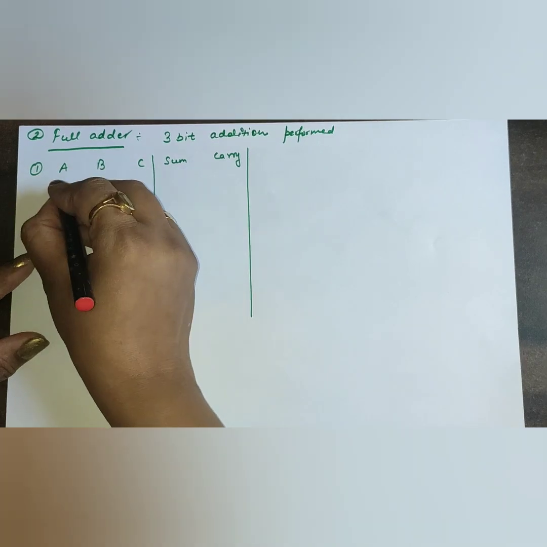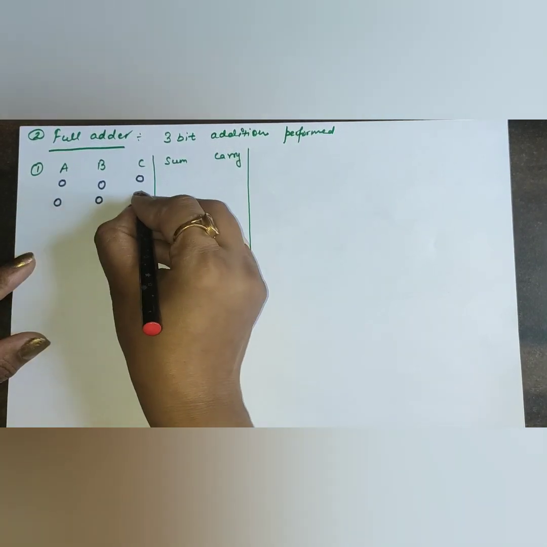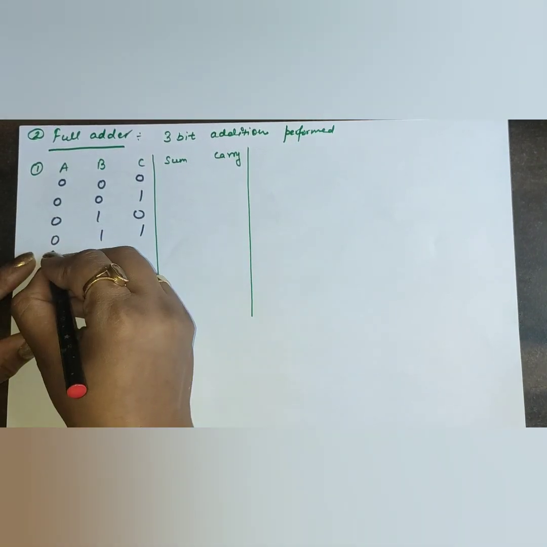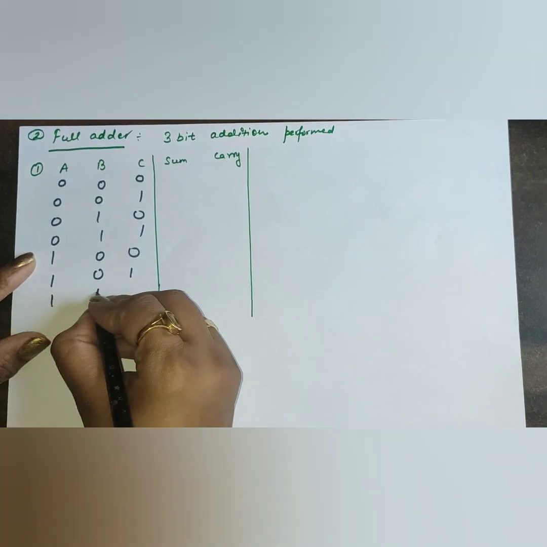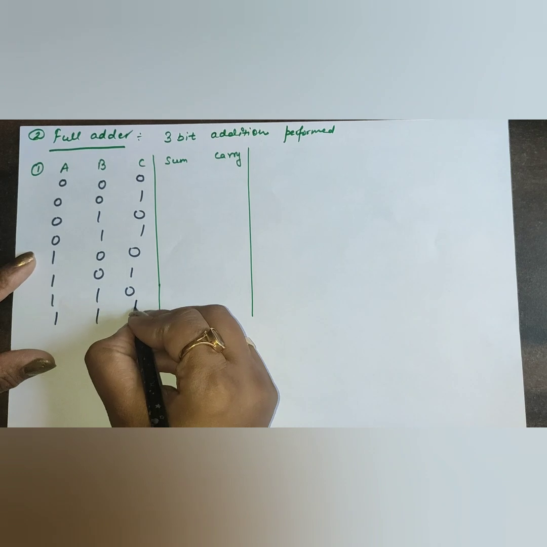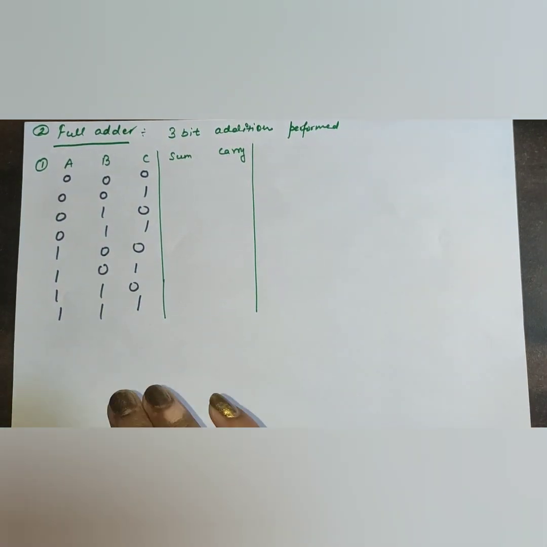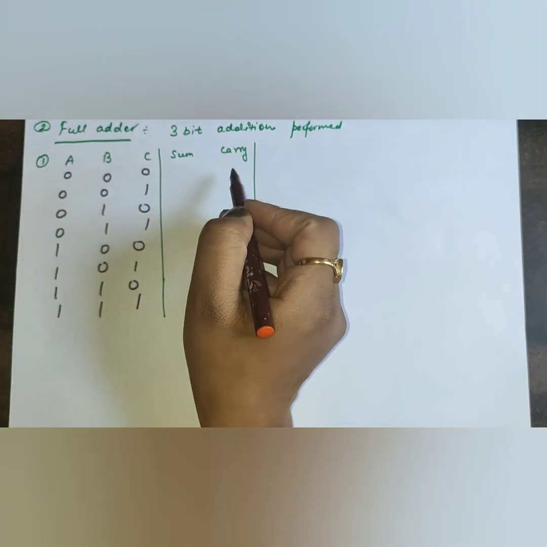In 3-bit addition, 8 possible combinations can be there: 0 0 0, 0 0 1, 0 1 0, 0 1 1, 1 0 0, 1 0 1, 1 1 0 and 1 1 1. These are the 8 possible conditions for 3 bits. Now there are 3 inputs and 2 outputs: one is sum, another is carry.